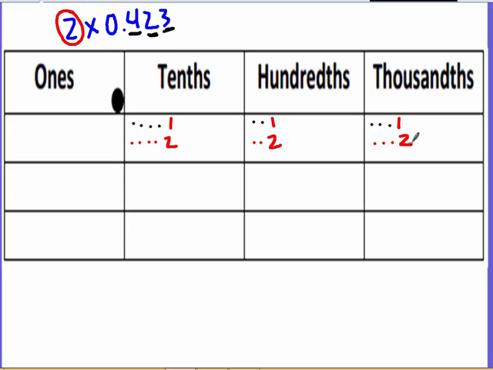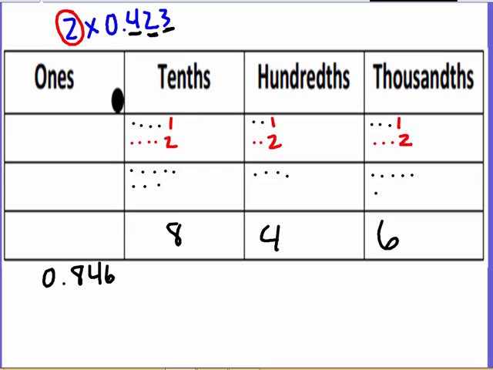So now I can just add my dots up, and I see I have 8, 4, and 6. In standard form, it would be 846 thousandths.